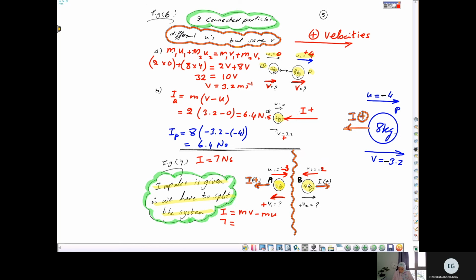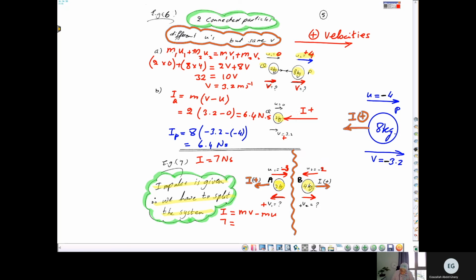And also I expect that the direction of B will be reversed, but I doubt it, because B is heavier. Let's assume that they are coming opposite to each other, and then both of them will reverse direction. Anyway, we will know whether our assumption is right or wrong when we find the sign of the final answer of V.